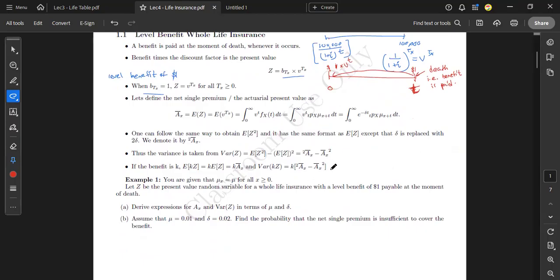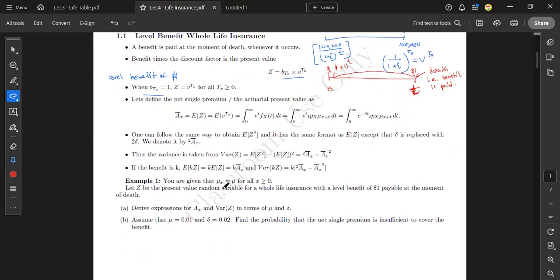Now, we know this will be the expected value at some point.